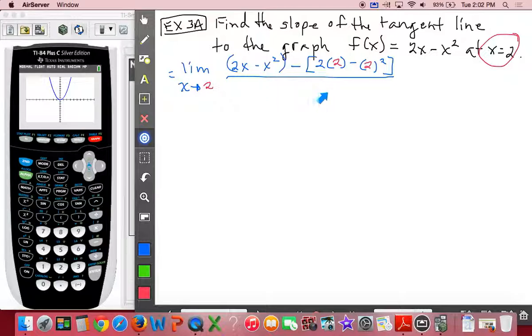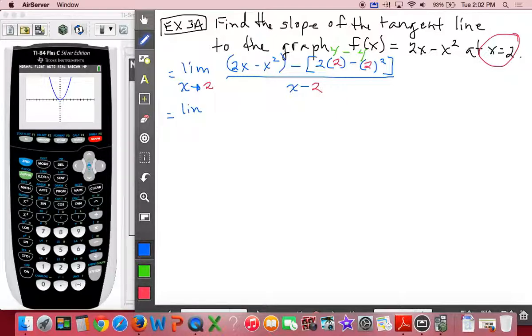What's going to go in the denominator? Our variable x. That part doesn't change. Our variable x minus what? 2. So then you're going to do some simplifying. What's 2 times 2? 4 minus 2 squared is 4. So doesn't that make 0? So you're going to write more steps than you normally would because these are your notes.